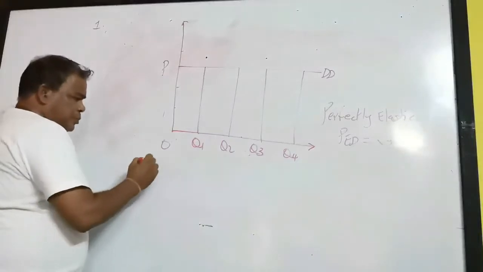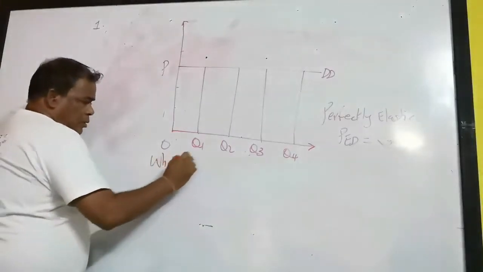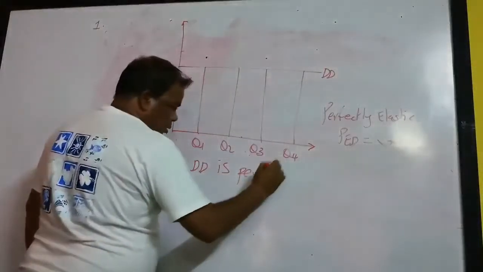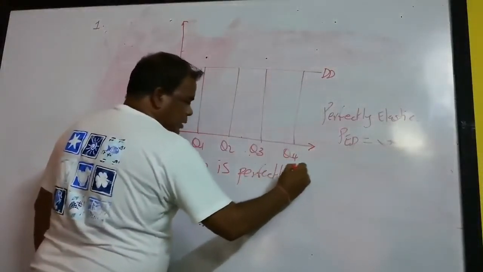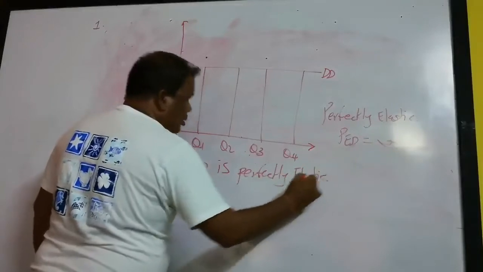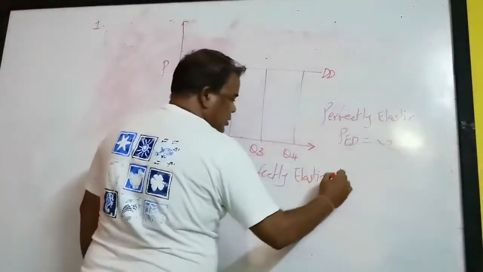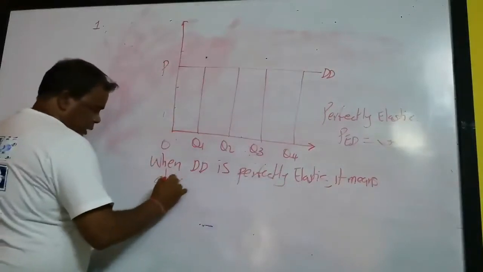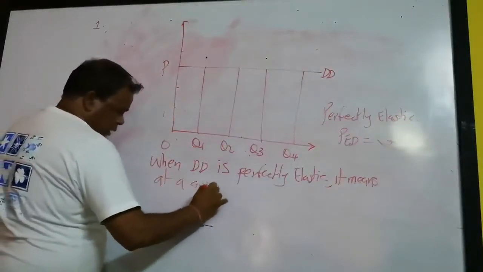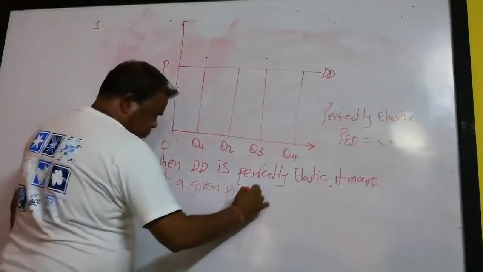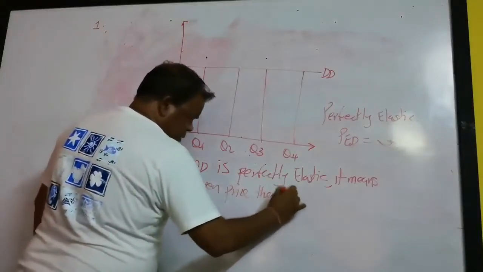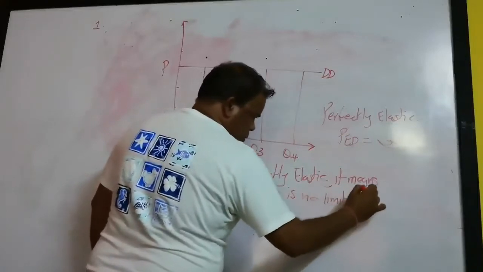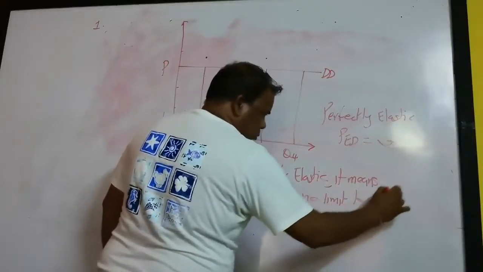Now, when demand is perfectly elastic, it means at a given price, there is no limit to quantity demanded.